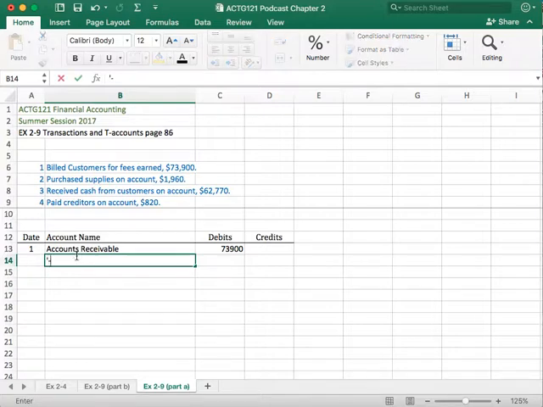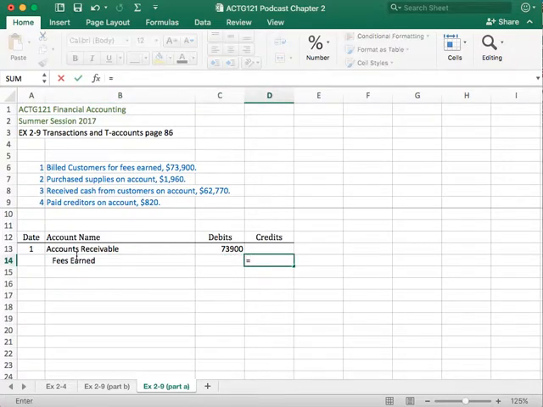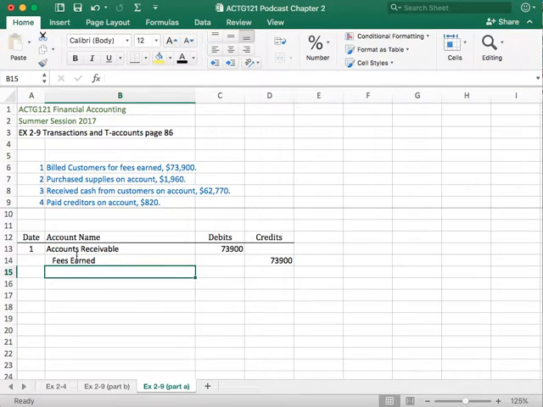And for the credit, or the fees earned, those would be indented. So the debit always comes first. The credit is indented, and of course you can always tell where the column or the number is.